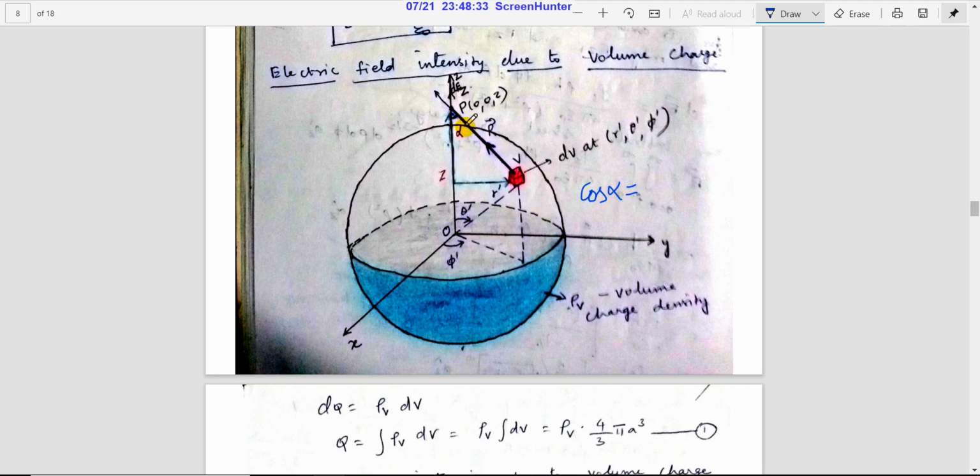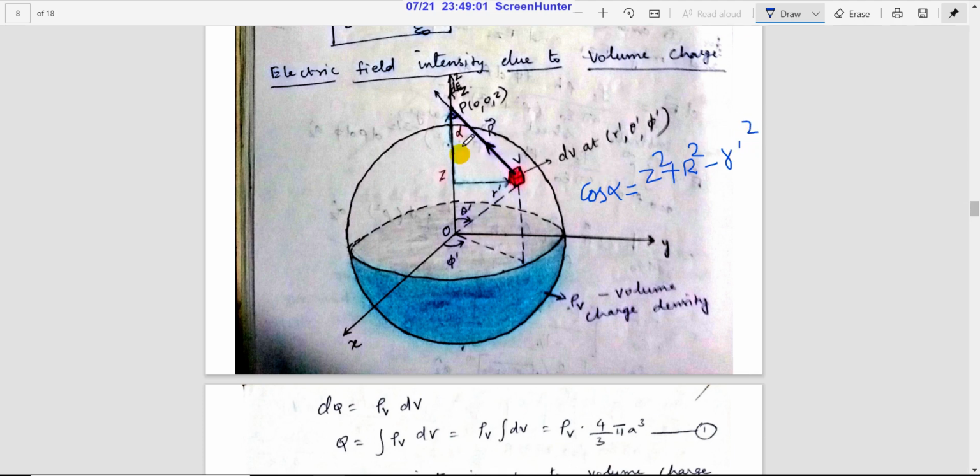If you are applying this cosine law, then the adjacent sides are z and r, so z square plus r square minus the opposite side r dash, so minus r dash square.